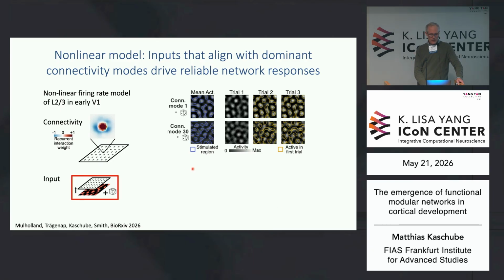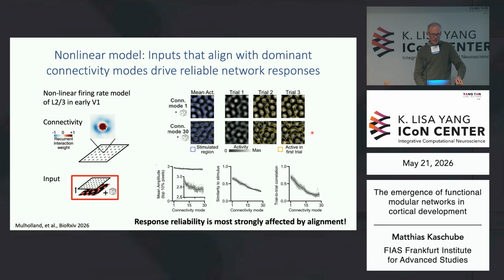When we drive the network with the leading singular value connectivity modes, we get a response that is quite reliable, trial to trial. And when we drive it with higher order singular value modes, we get quite high variability between different inputs. Systematically, this is shown at the bottom here.